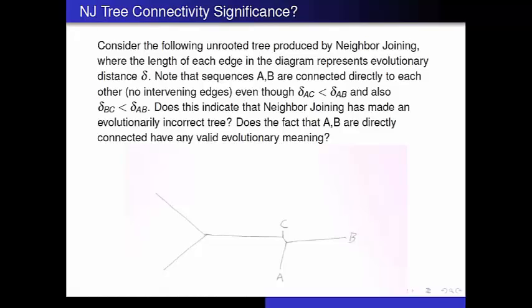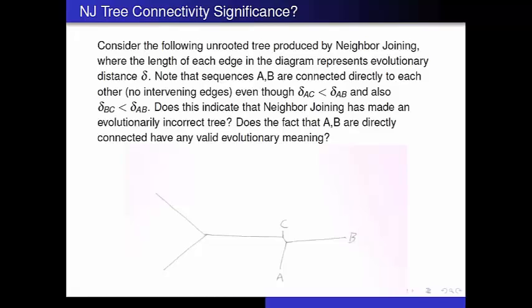about, I guess what you might think of as the branching order. There is, clearly, a most recent common ancestor of all three of these sequences, A, B, C, somewhere.